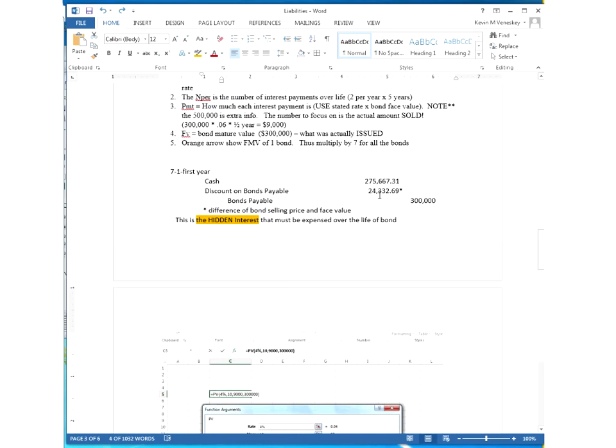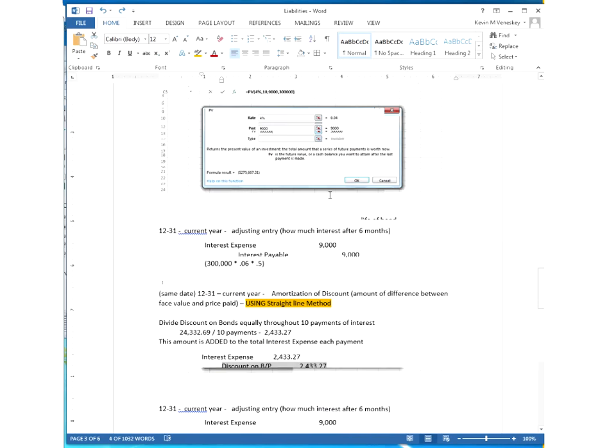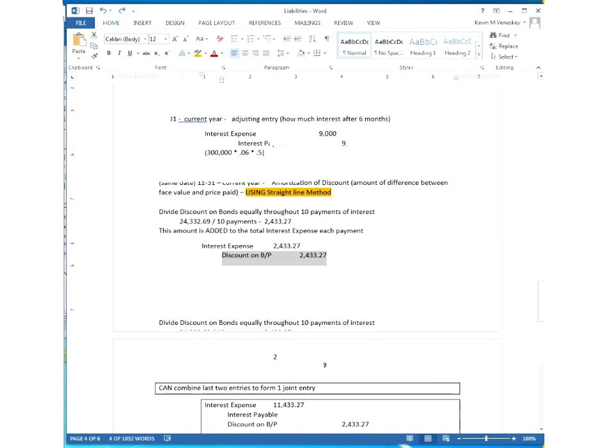I take it away from my discount amount. So now my discount amount is, remember again, I want this number to be 0 when I get ready to sell my bond in 5 years, or redeem my bond. So I've gotten rid of now $2,000 and some of this $24,000, and I'm going to slowly get rid of the rest of it over the life of the bond.